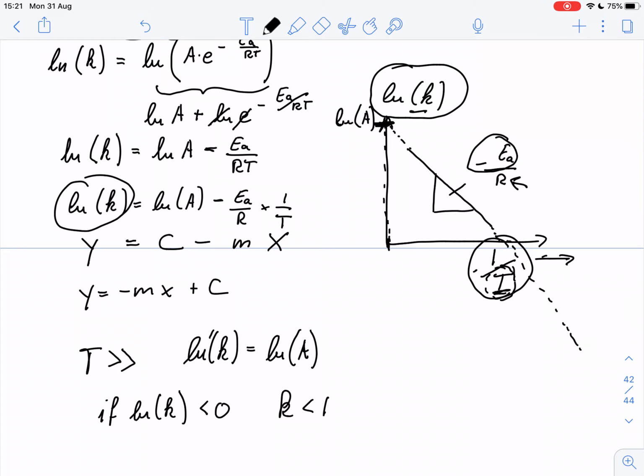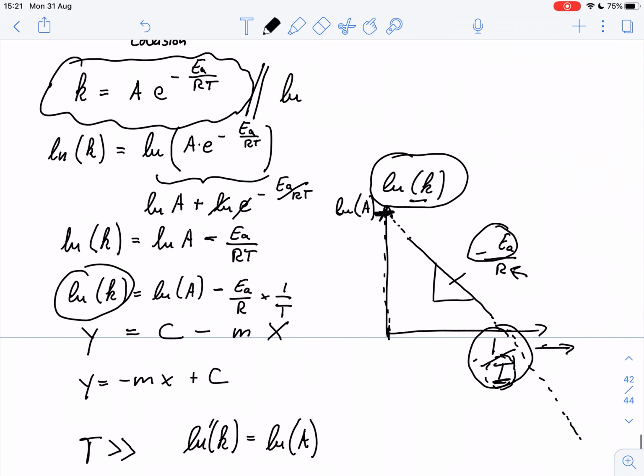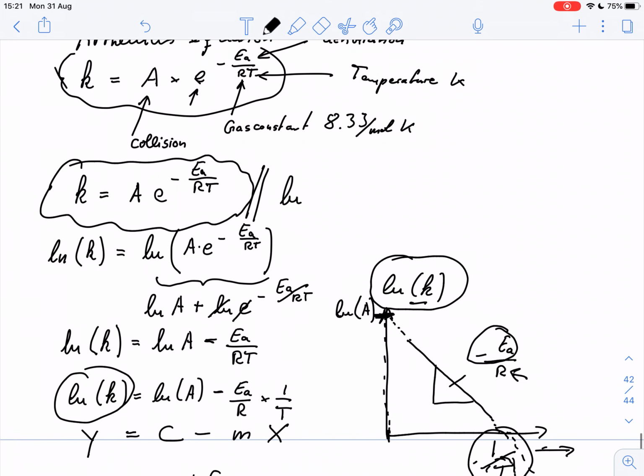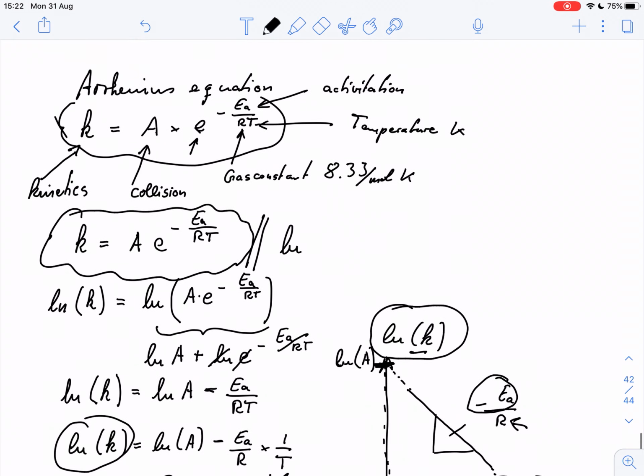So hopefully this video helps you to demystify a little bit this famous Arrhenius equation that really makes the link between kinetics and thermodynamics in the activation energy.